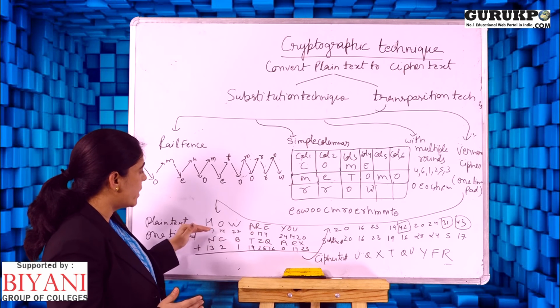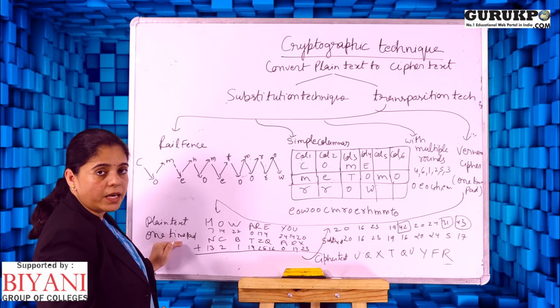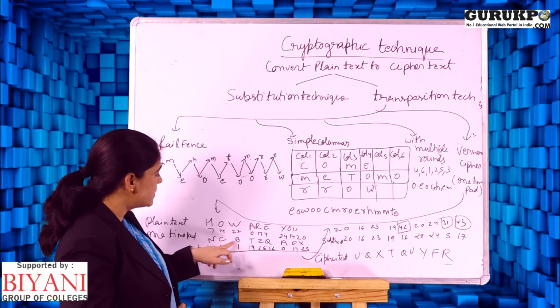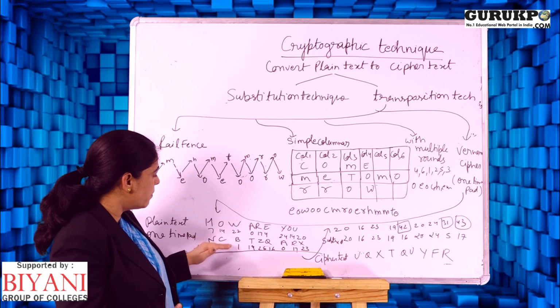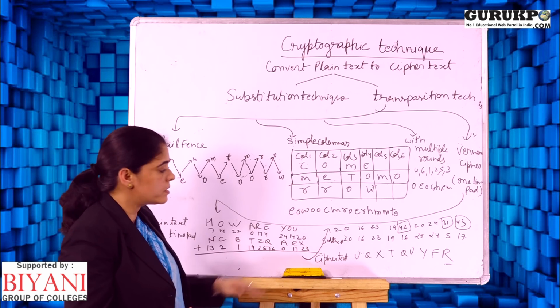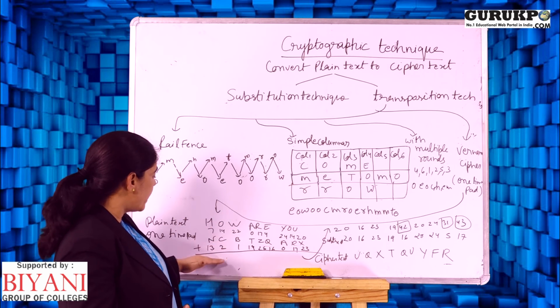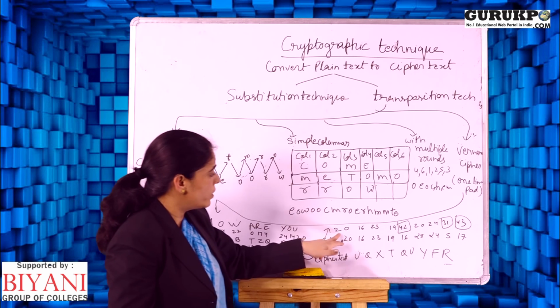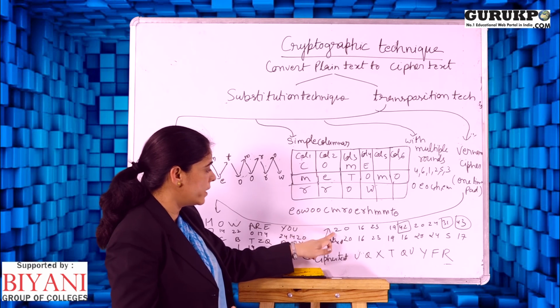Suppose we take the one-time pad N C B T Z Q A R X. Again we write the numbers for these alphabets, and the next step is to add both sets of numbers, the plain text numbers and the one-time pad numbers. These are the sums of the plain text and the one-time pad.